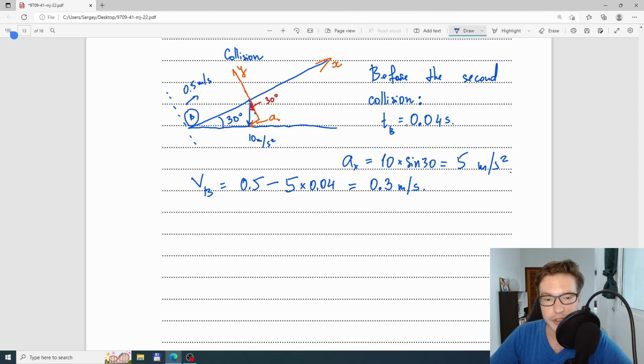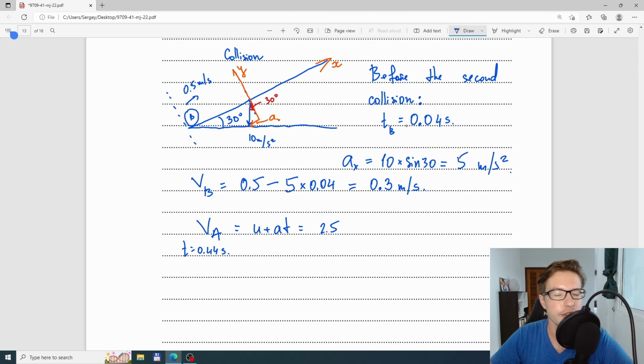Okay, so for the particle A, now particle A has taken 0.44 seconds to travel from the first collision to the second. So t is going to be 0.44 seconds. And we know that the initial velocity was 2.5. So velocity of A before the second collision is going to be, I'm using u plus at, 2.5.